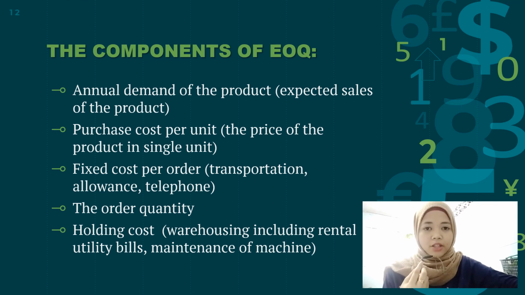Third is fixed cost per order, like transportation and allowance paid for the personnel. Fourth is the order quantity, and last but not least is holding cost. Holding cost is the cost to store the inventory, like warehouse rental, utility bills, wages to move the product, and maintenance for the machine and equipment used to move product for storing purpose. That's all for me. Thank you.